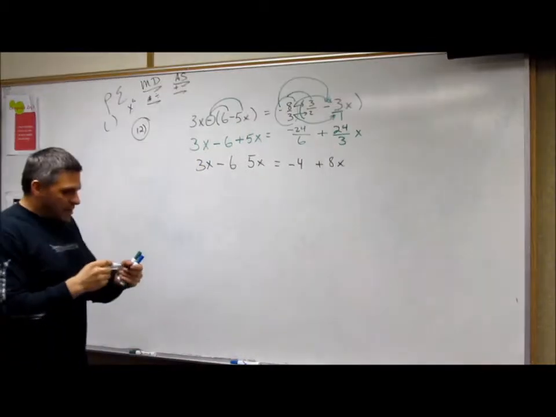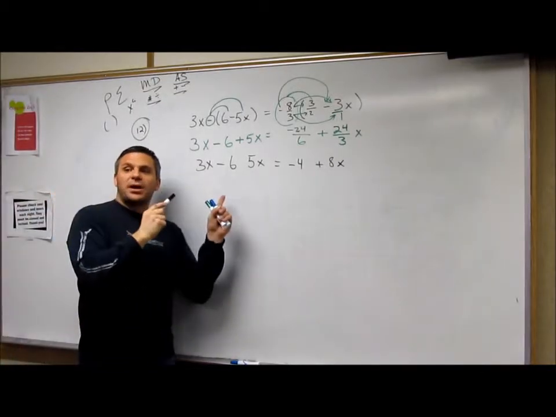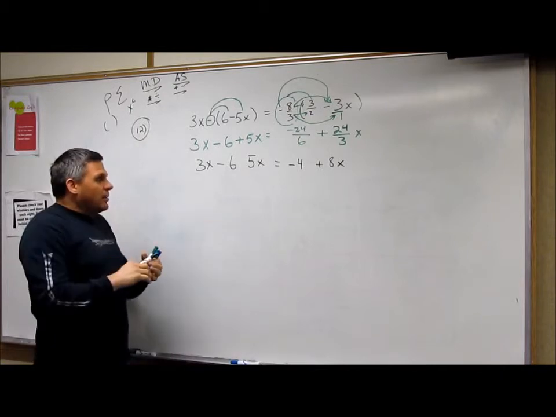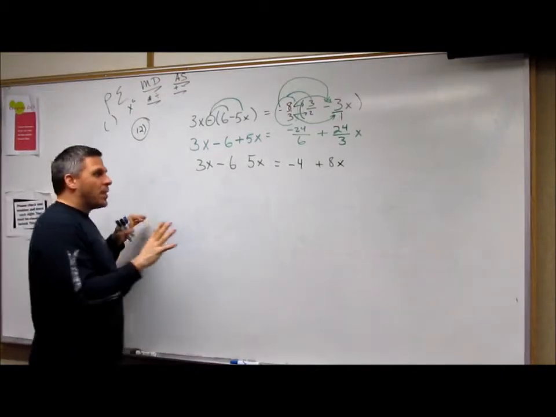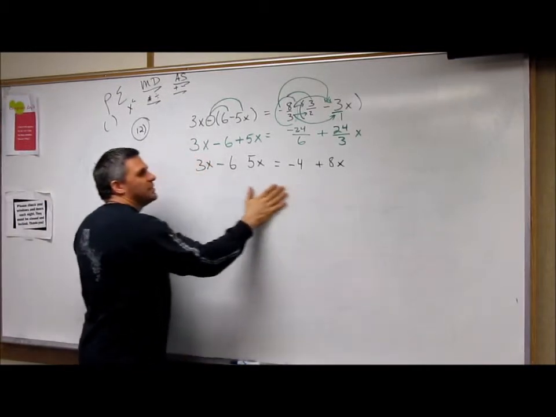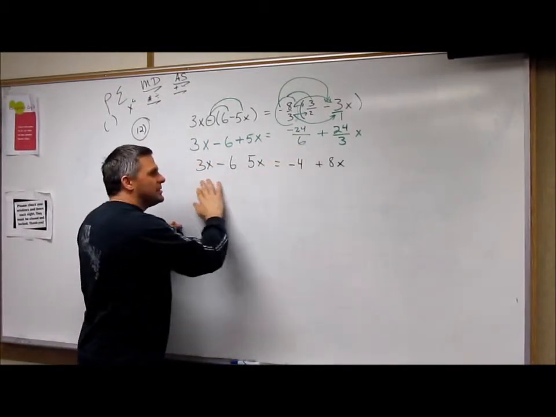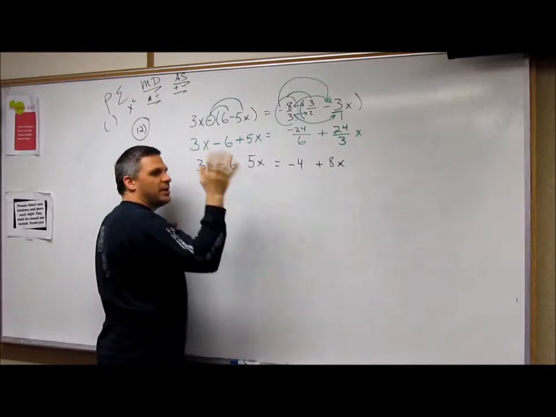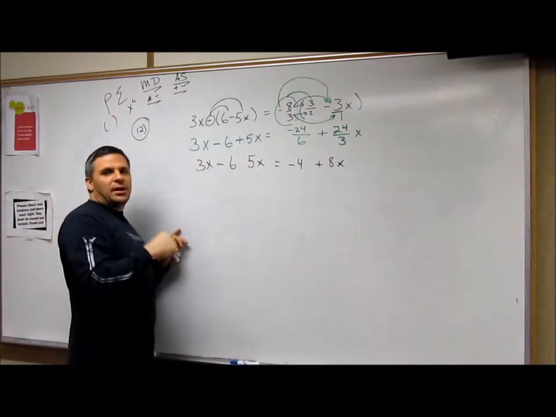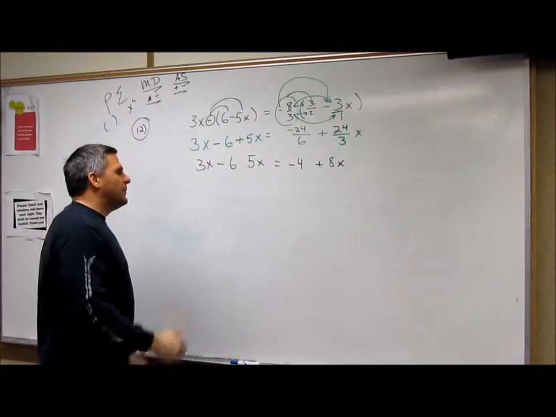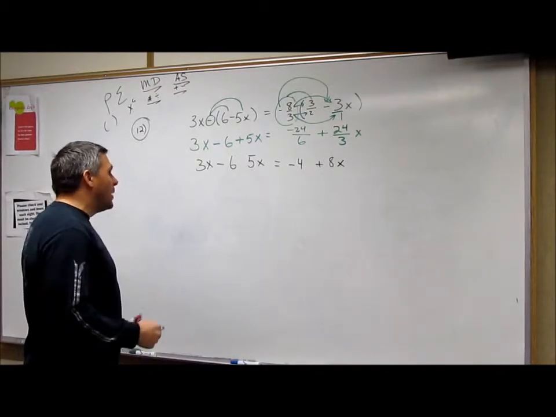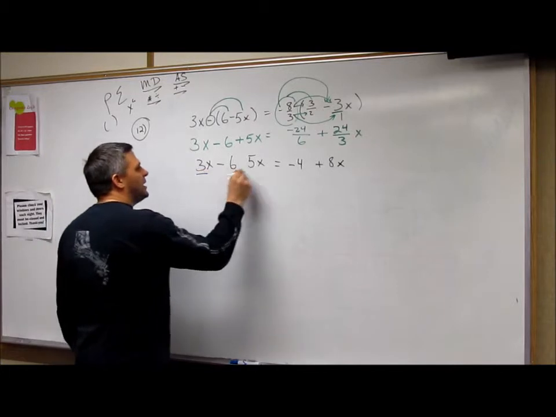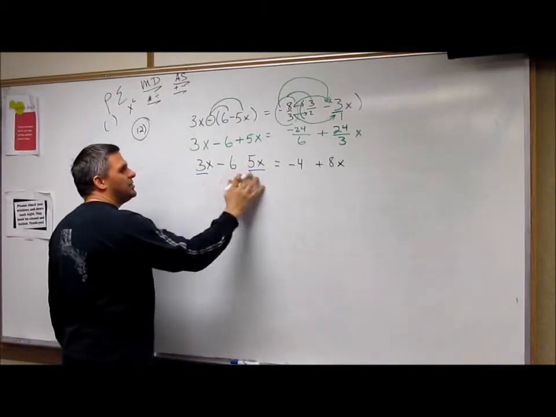Okay? And now, this is where I want you to start. If on the other side of the test, this is where the rest of the test, if it doesn't have fractions, this is going to help you for the rest of the test. It's just solving for x. Okay? So in this case, I want to find my like terms on each side of the equation.